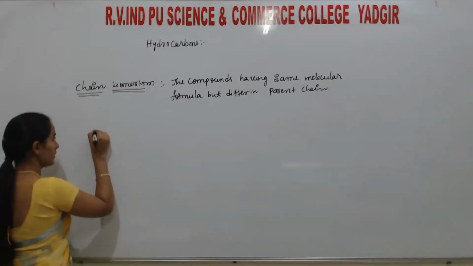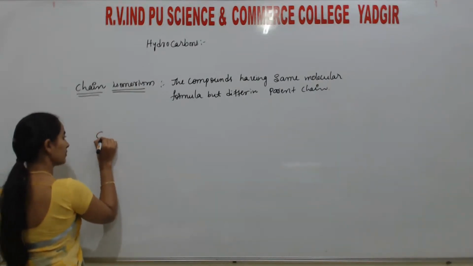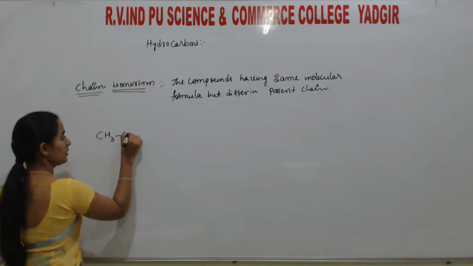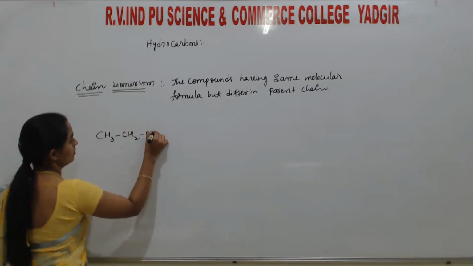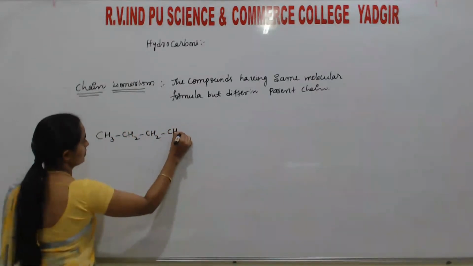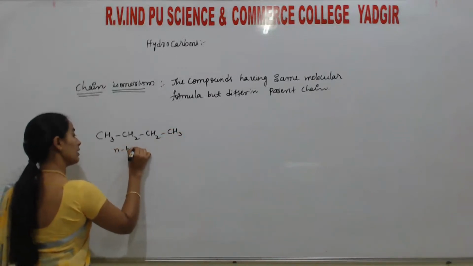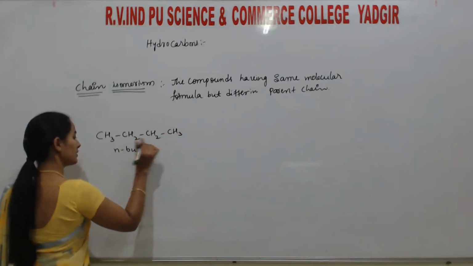I'll take an example here. One is CH3, CH2, CH2, CH3. This is n-butane or simply butane.